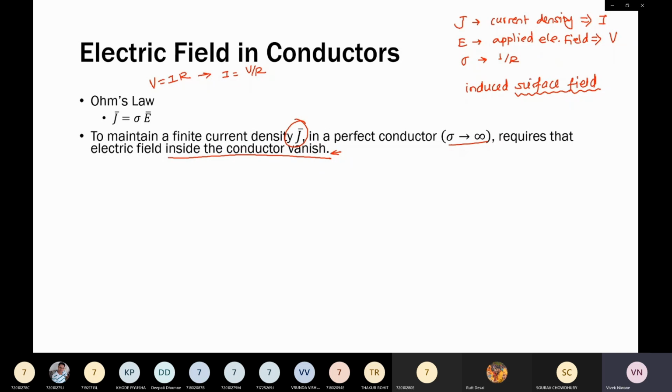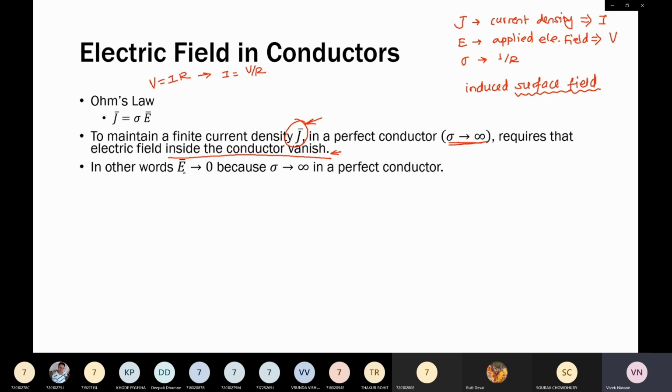Because our charges got accumulated on the surface under the influence of the external field. तो अगर आपको current density finite रखना है तो मैथमेटिकली we can relate the things कि भाई कंडक्टर के अंदर का इलेक्ट्रिक फील्ड must be equal to zero under an assumption that sigma is infinity.